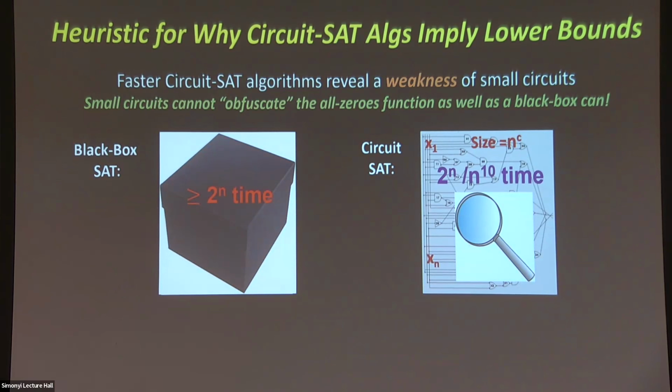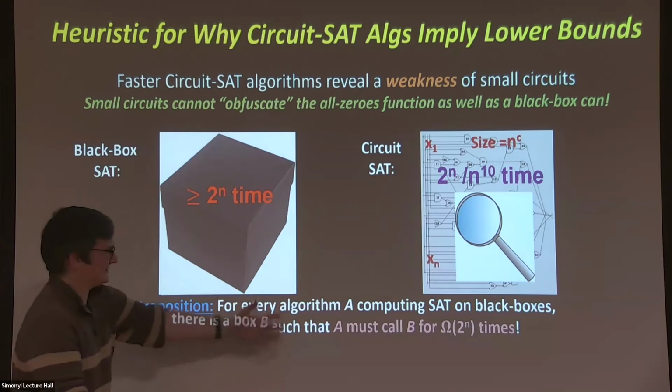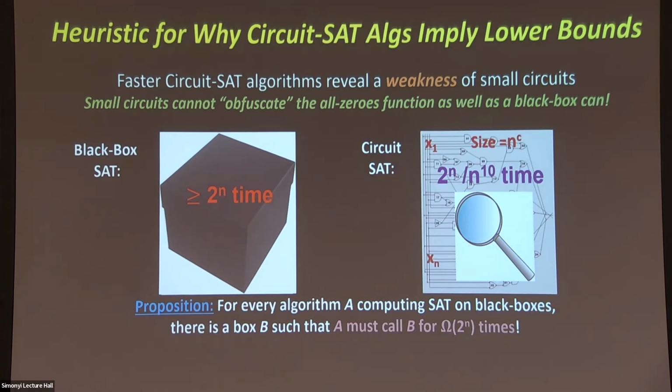It's not hard to show that if I have some algorithm that's just working on black boxes, taking an input and getting an output, I can always cook up some box that requires the algorithm, whatever strategy it has, to query this box 2^n times. Just cook up some box that, no matter what the algorithm asks for, just says 0, 0, 0, and then maybe flip a coin at the end, once you reach the final input you're asking. So in the black box setting, you need 2^n time.